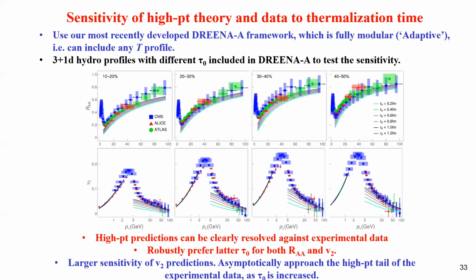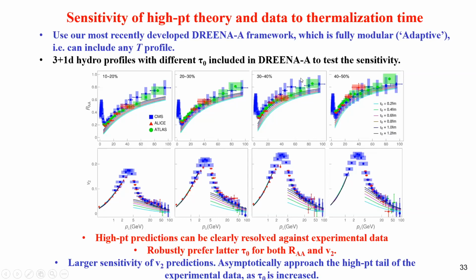In this case, we included these 6 temperature profiles, which we obtained from 3+1D hydro for 6 different thermalization times. And then we generated high pT predictions for RAA and for v2. These predictions are shown for these 6 different thermalization times.